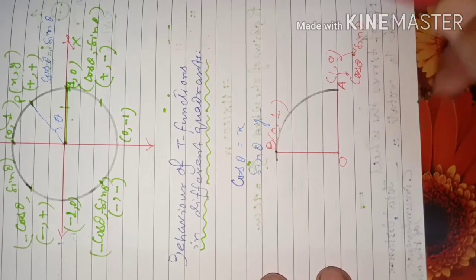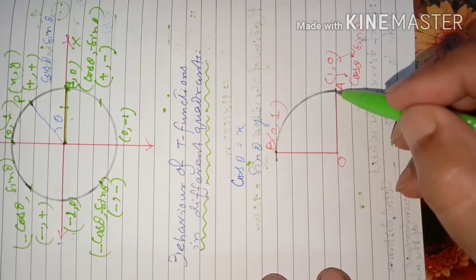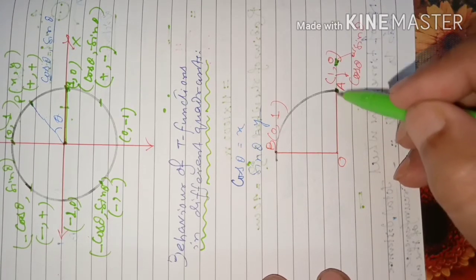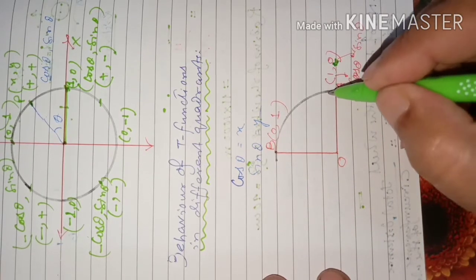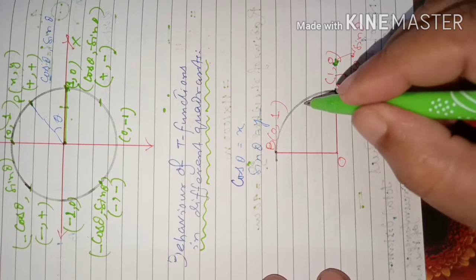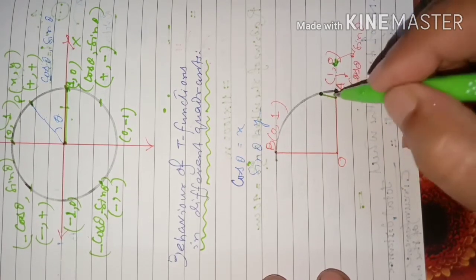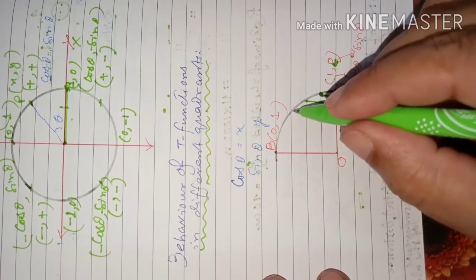If I ask you how the sin theta value is changing: at the lowest point, on the x-axis, it is 0. As we move forward in the anti-clockwise direction, at this point the sin theta value has increased. Next here sin theta is more than before, and here also.